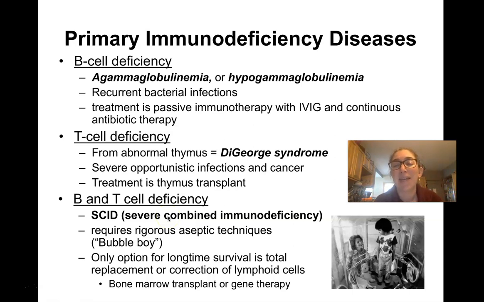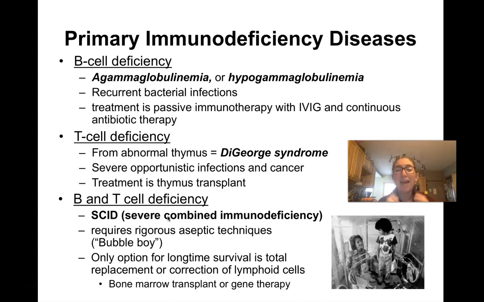When you hear medical stories about this, they often refer to these individuals as bubble boy, because they basically have to live in a sterile bubble. They are so susceptible to all kinds of infections because they basically lack an adaptive immune system. All they have is their innate immune system. They can't be vaccinated because they won't make any immune memory.